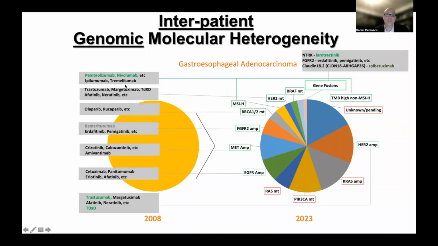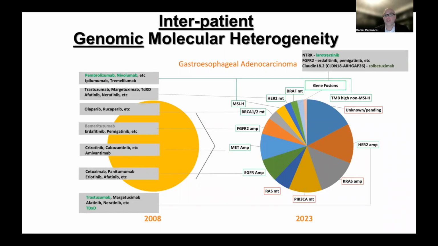In green, you see the therapies that are already approved for gastroesophageal adenocarcinoma. You see one that is expected to be approved over the next months based on a phase 3 study that read out as positive. And then you see a lot of bolded therapies that are available commercially and approved in other indications and other tumor types, but not in gastroesophageal cancer.